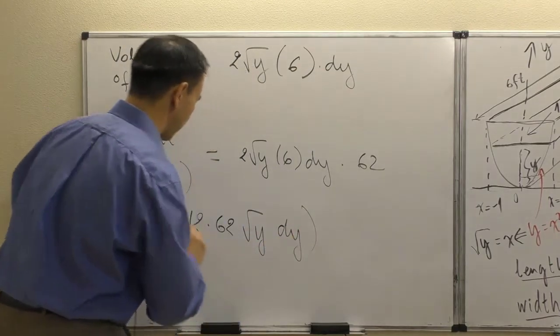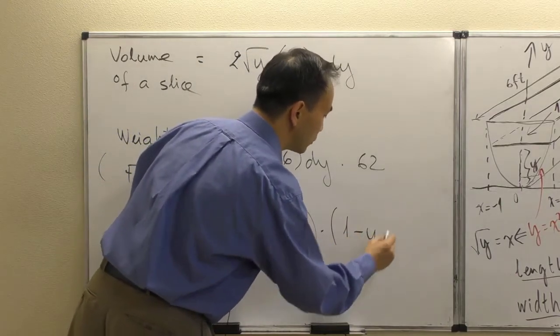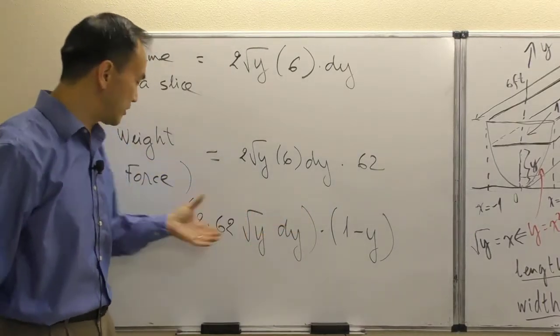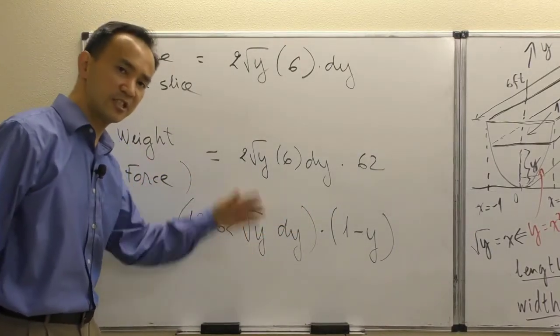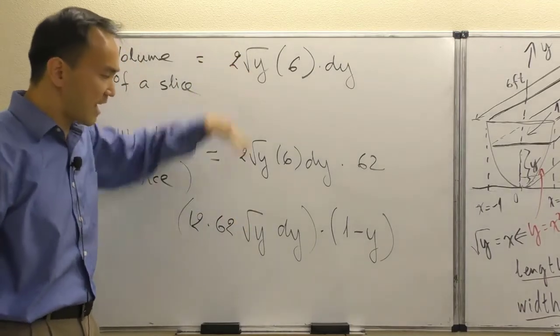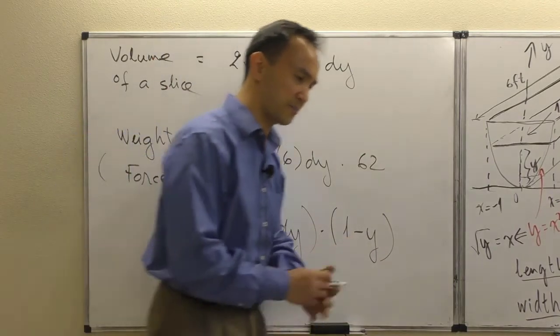That's the amount of force, but then we need to multiply that by the distance, 1 minus y. We need to exert that much force to lift the top infinitesimally thin slice of water out of the trough by going this far distance, 1 minus y.